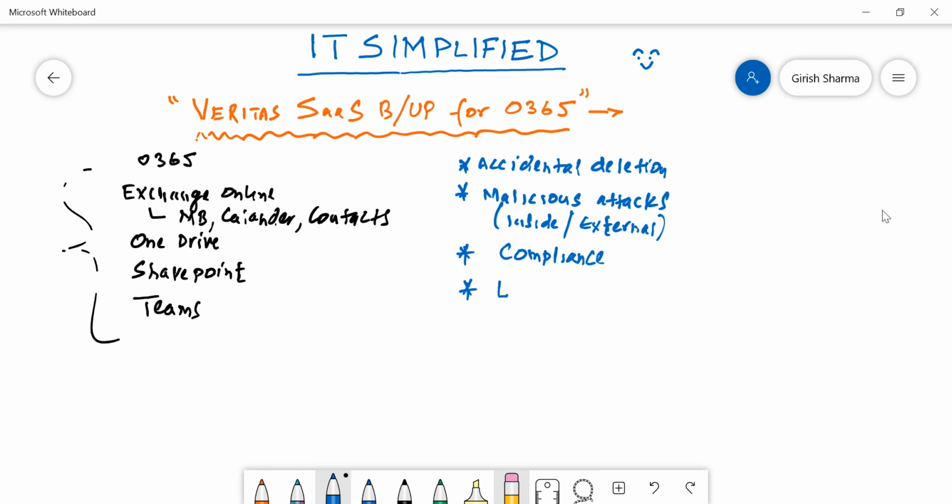And in case, God forbid, an organization has to go through some sort of litigation, right? We always hear every now and then that a company was sued, and in a court of law, you need to provide these emails as proof of whatever exchanges have happened.